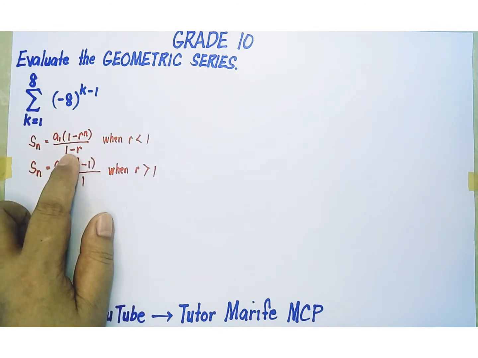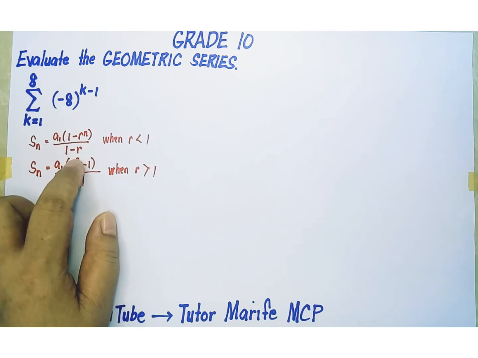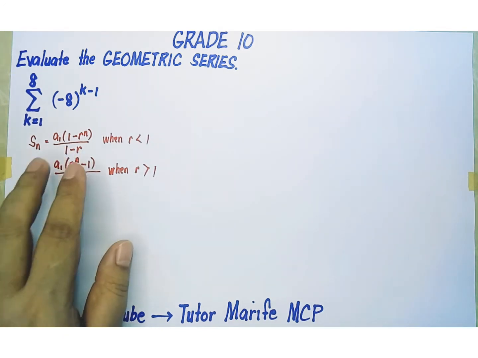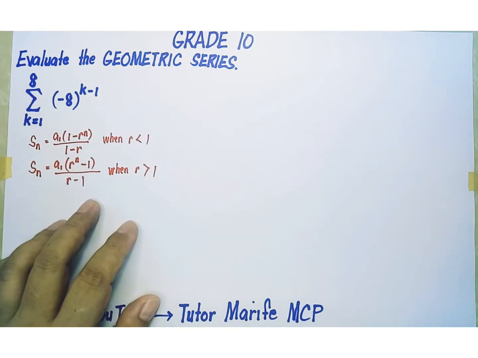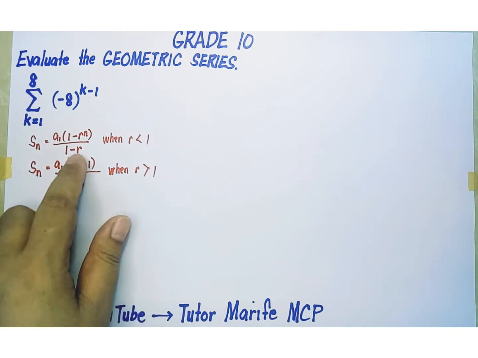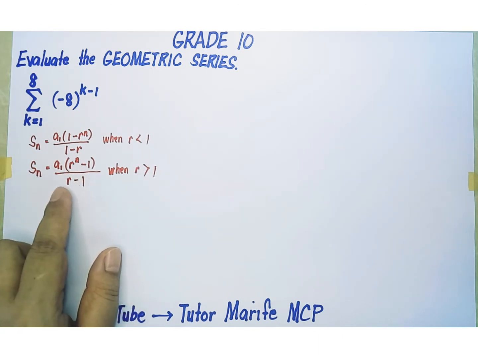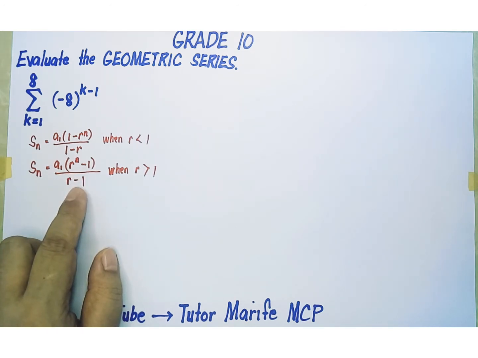Kasi 1 minus a number that's smaller than 1, you will get a positive difference. If your r naman is bigger than 1, you swap the binomial expressions in the formula so that you will get a denominator that is positive when you plug in the r and evaluate the denominator.